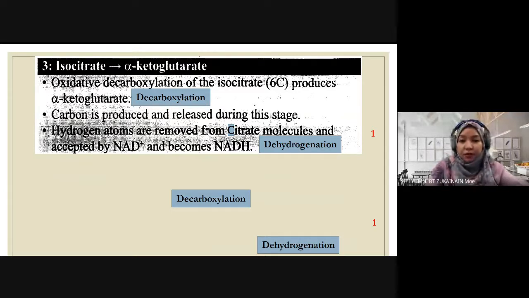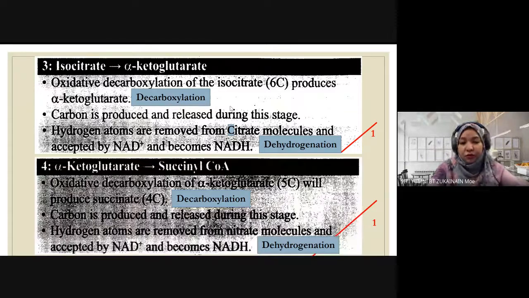Because it also involves dehydrogenation, the question asks you to mention the product. So, CO2 is produced and released during this stage. Hydrogen atoms are removed from citrate molecules and accepted by electron acceptor NAD plus and becomes NADH. For this explanation you only obtain 1 mark, because this stage involves everything, the stage and the products from the stage.